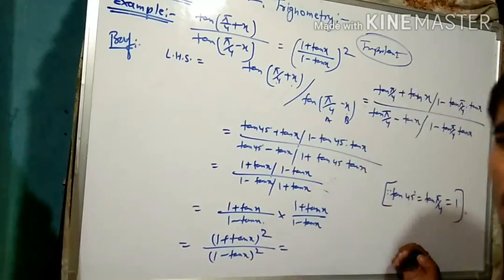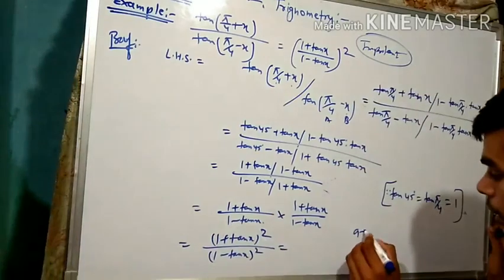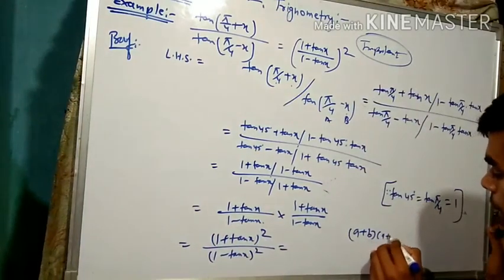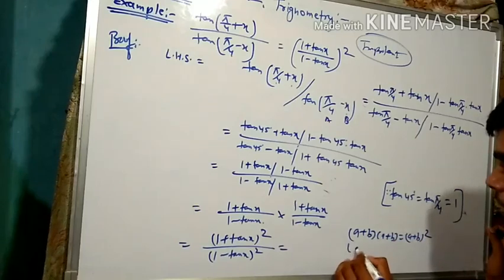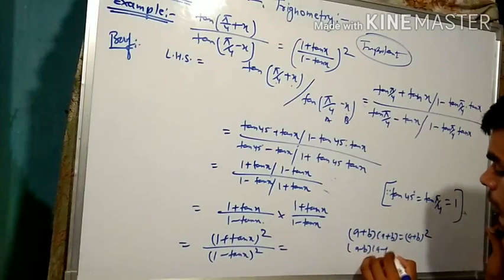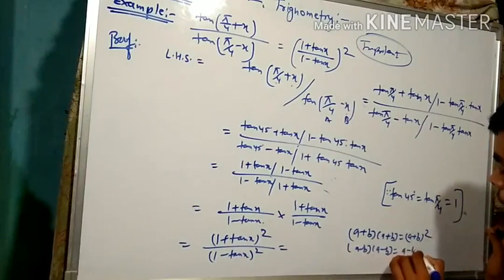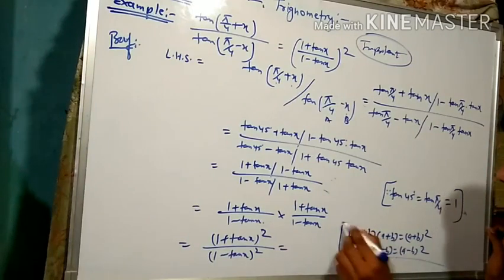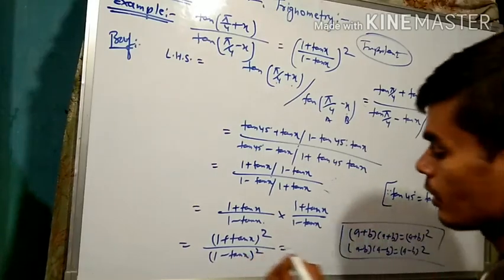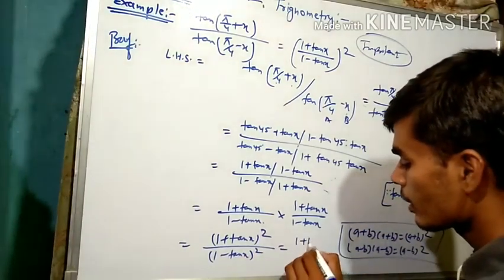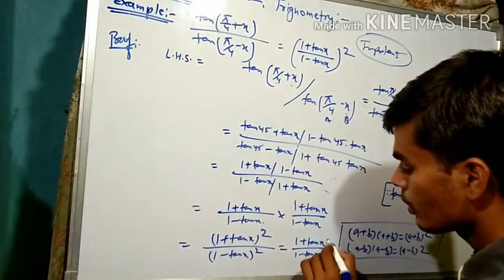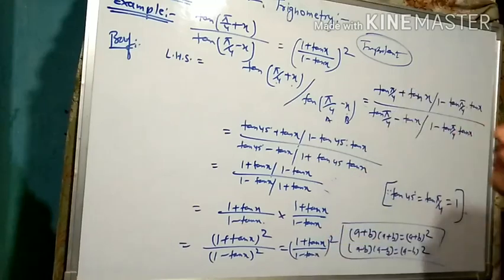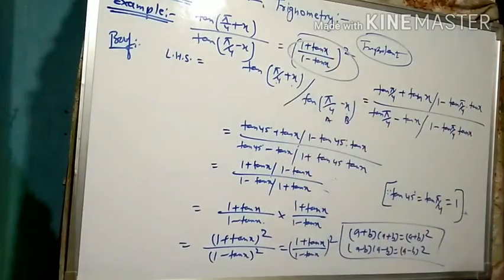This is a basic unit of algebra we have to study. A plus b and a plus b equals (a plus b) whole square. You have to remember this formula, which has been used in this step. We have to prove this. Use it in this term.